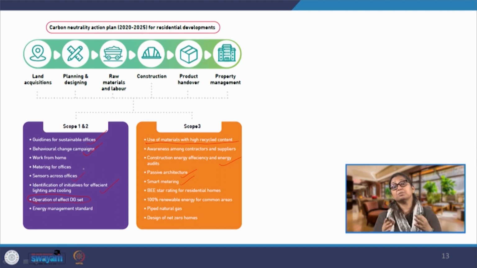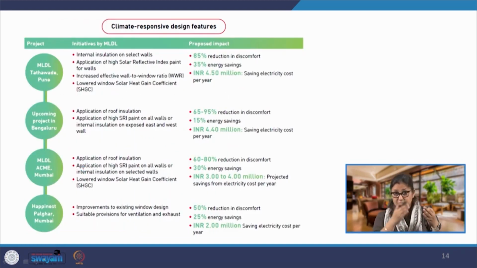In residences, people have a sense of ownership, while in bigger offices, especially large scale corporate offices, no individuals are responsible. So, one is we educate them for bringing about behavioral changes, and the other is to add sensors to automatically reduce the consumption of electricity. These are some of the steps and points that they have identified for designing and constructing efficient buildings.